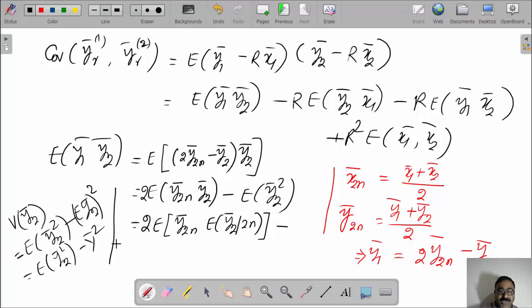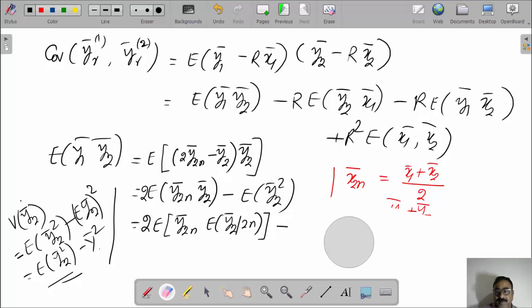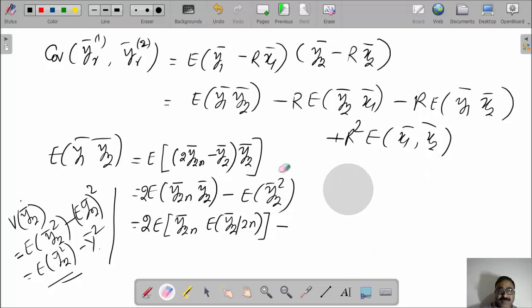So expectation of y2 bar square will be equal to variance of y2 bar plus y bar square.